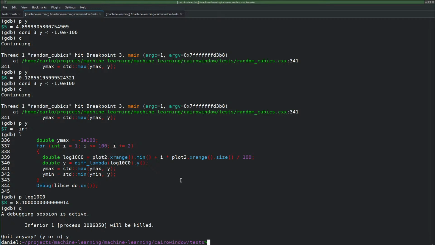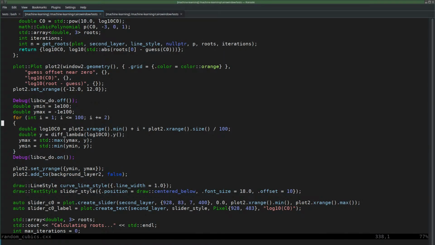Because we definitely do want something like, let's say, the maximum value here is, this is the y value of the difference, and I'm going to plot a log of that, so let's just limit it to about the minimum.